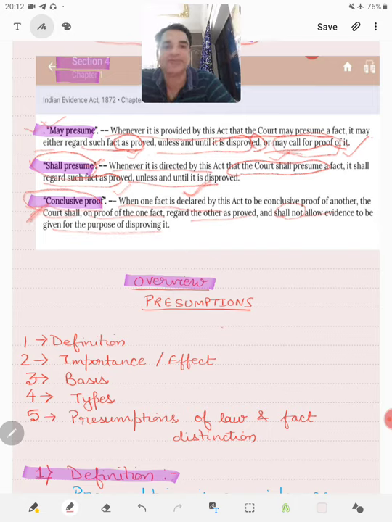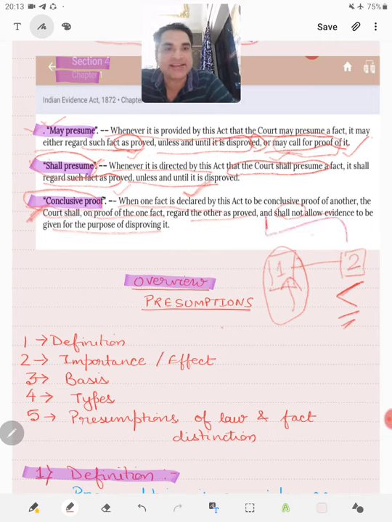One, if the act states that fact 1 is conclusive proof of fact 2, then once fact 1 is proved, it will take fact 2 as proved itself. Not only this, it shall not allow any evidence by the opposite party for disproving this fact too. That is in case of conclusive proof.